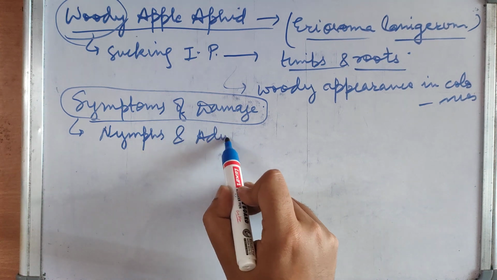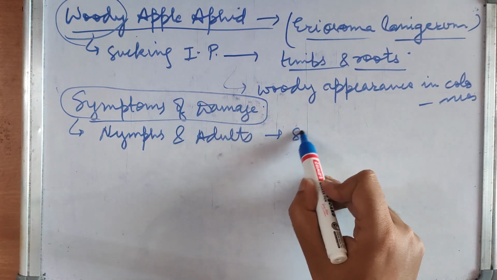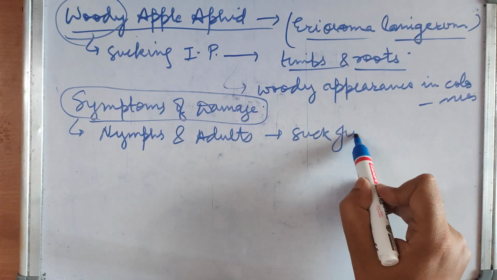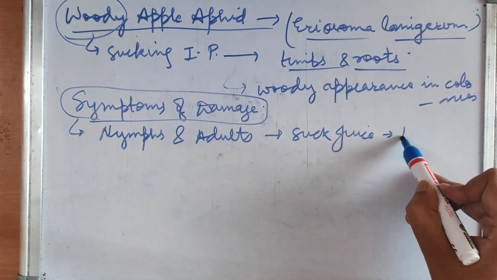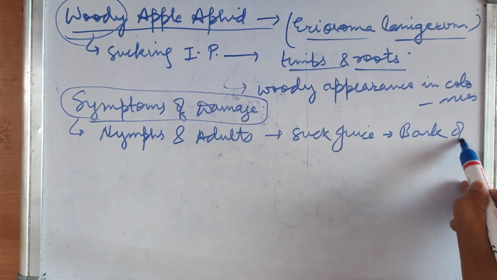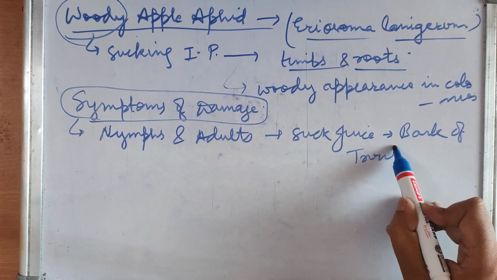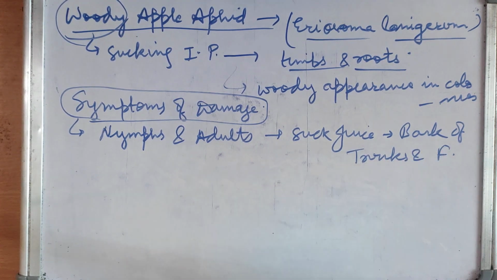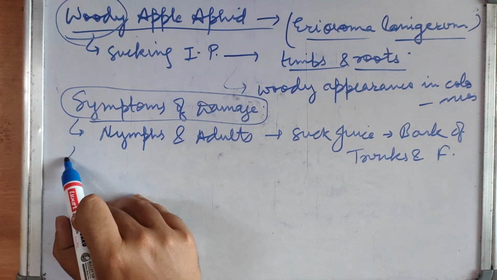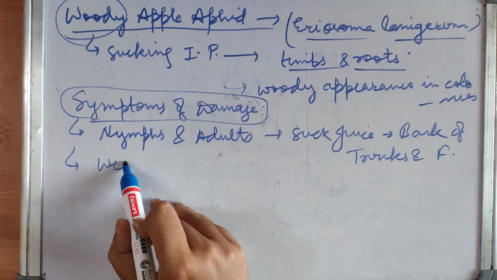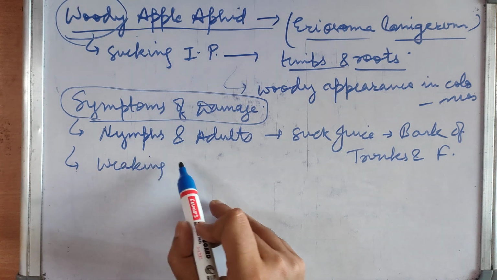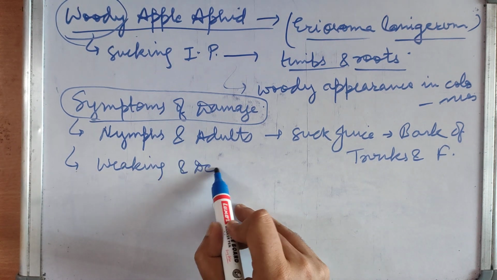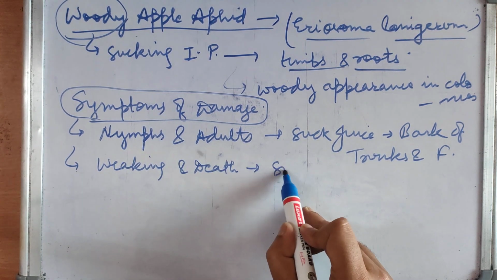Nymphs and adults suck juice from the bark of trunks and fruits. It leads to weakening and death of smaller plants.